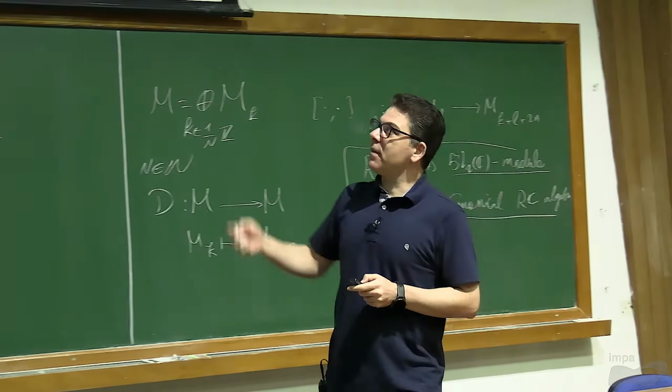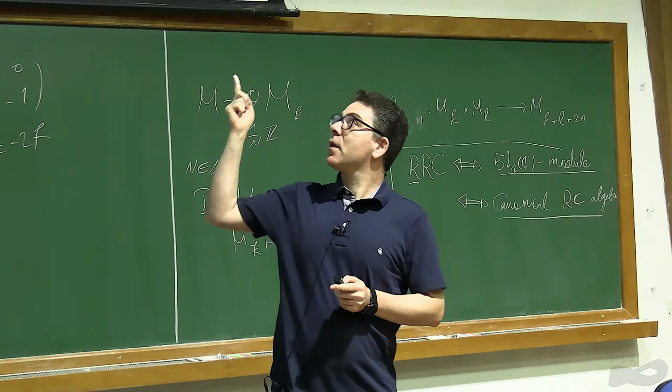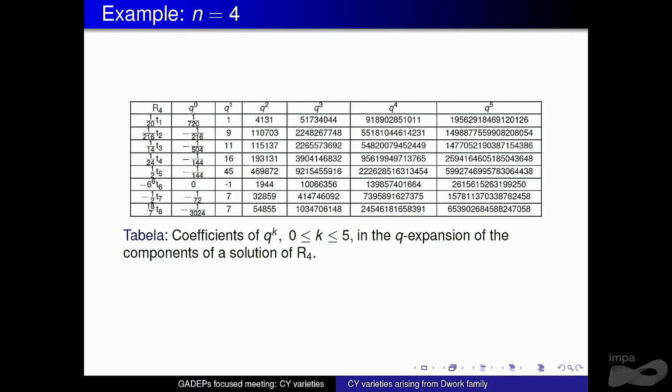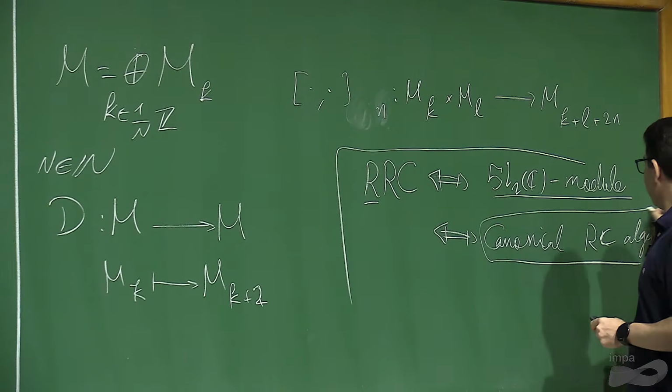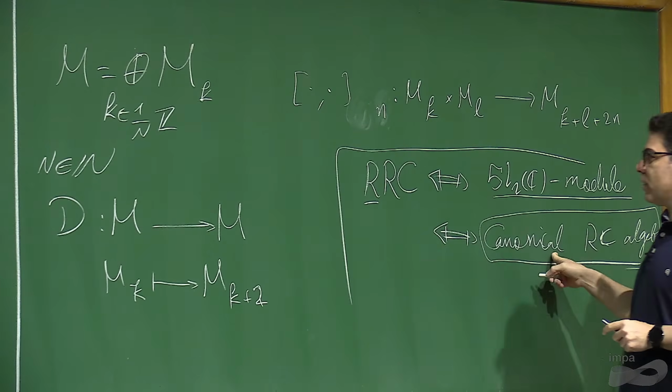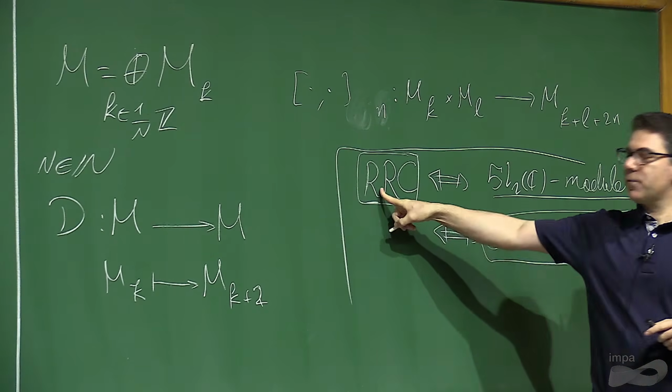So the way that we are finding the vector field R, we just need to observe somehow that we have this canonical Rankin-Cohen structure or this form of the system.